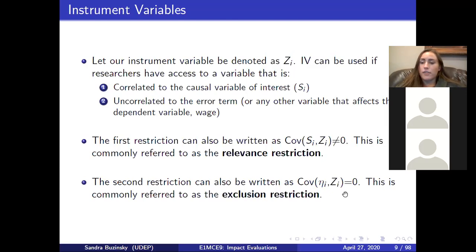So for that reason, they argue that the relevance restriction is satisfied, because being closer to a university gives you more years of education. And the exclusion restriction would be that distance to university isn't related to ability, so that would be satisfied.